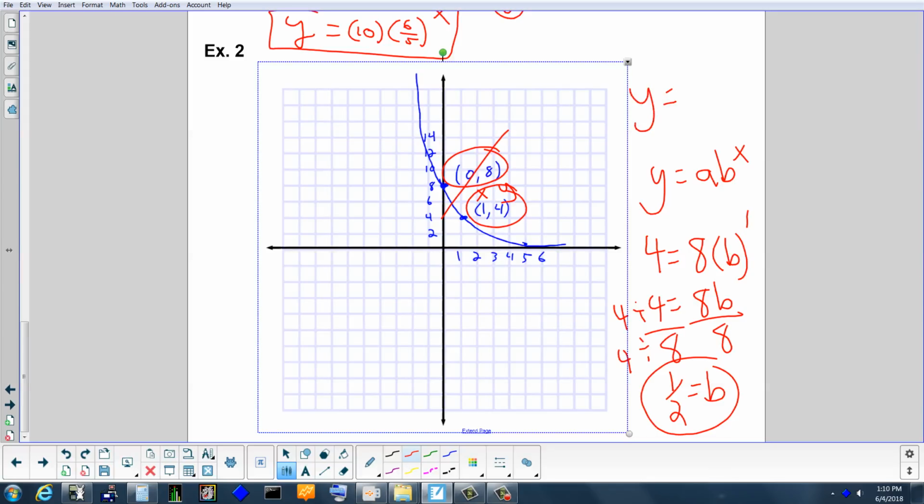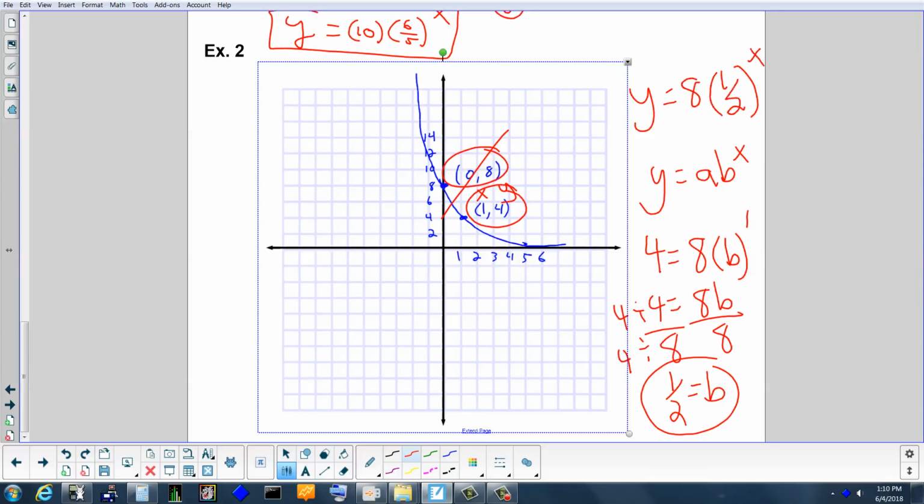It doesn't change from when we wrote this function. 8, right? That doesn't change. How about my B? Just solve for it. 1/2. What's the last thing I have to put? X, this little exponent. That's it.